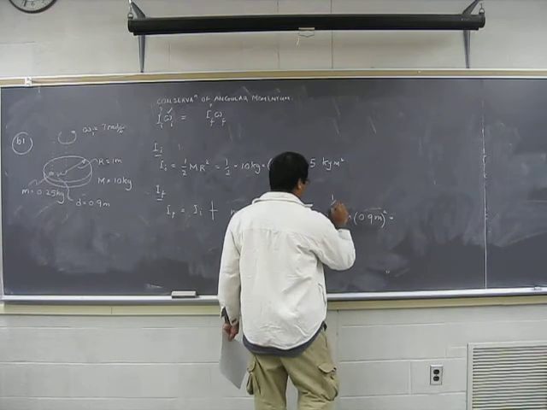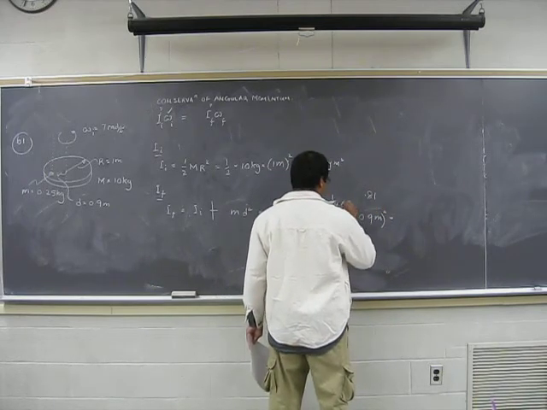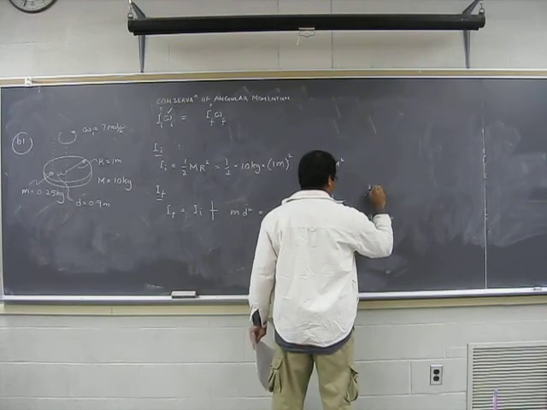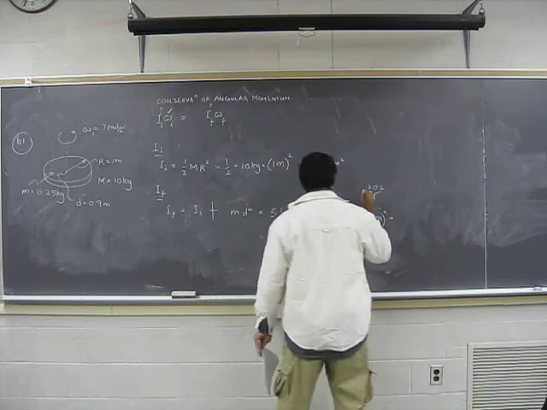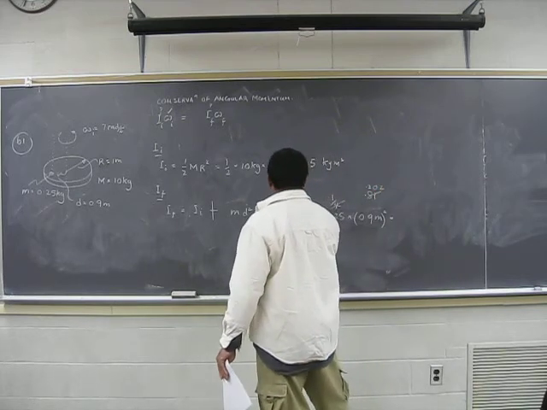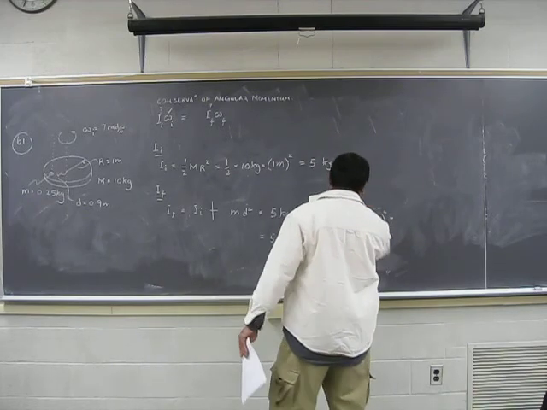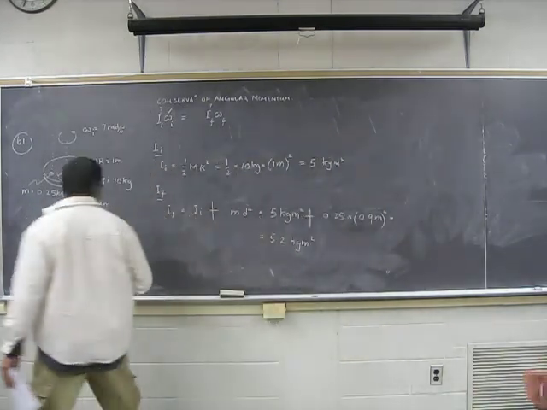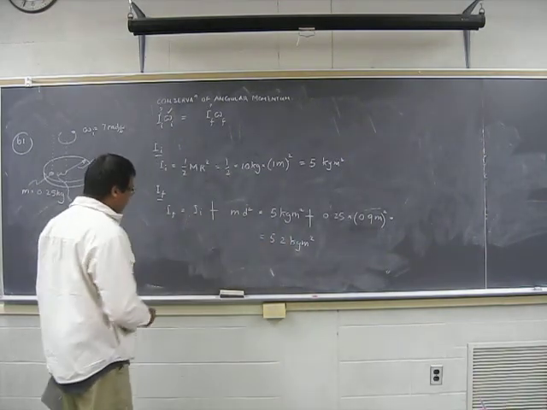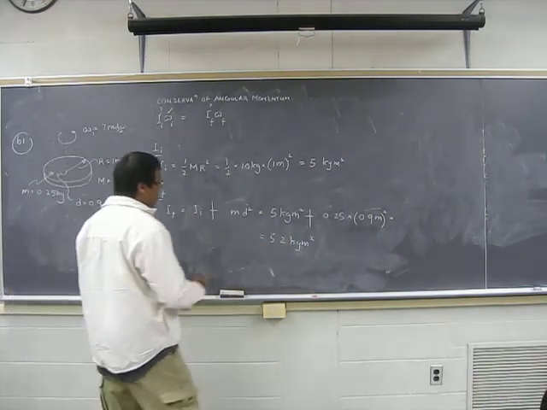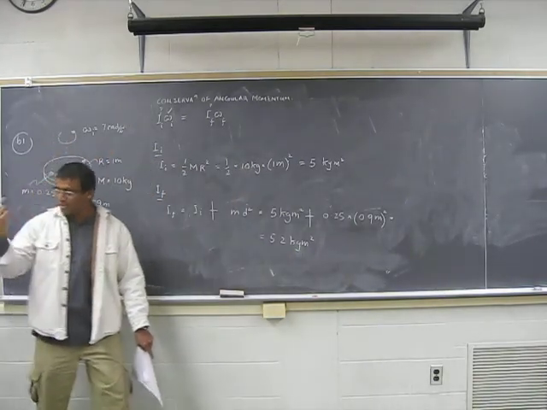Because this is like 1/4. 9 squared is 81, decimal place here. 4 times 2, and I can put 2 here. So this is going to give you 0.202, so 5.2. You have nice calculators, you don't have to do that. So 5.2 is the moment of inertia after the putty has been dropped and attached to the disc.